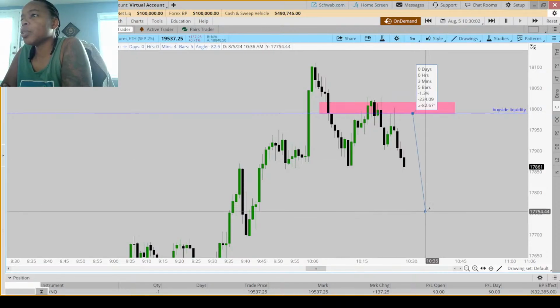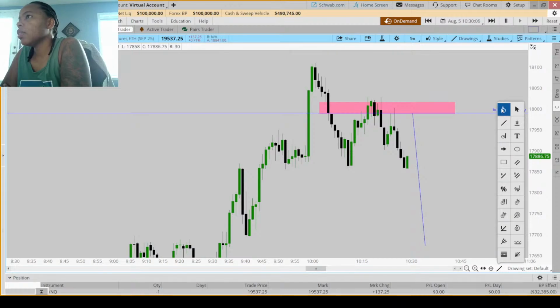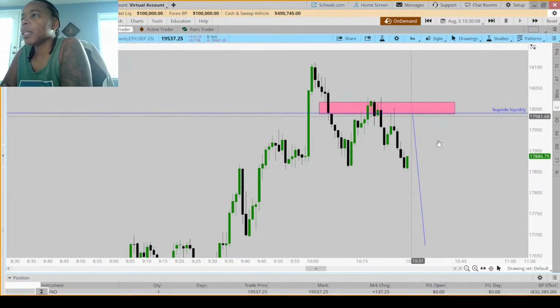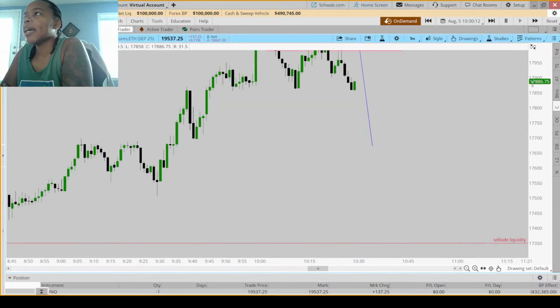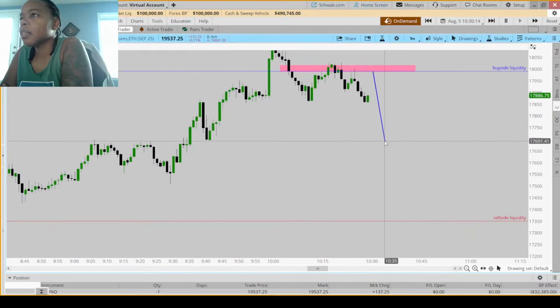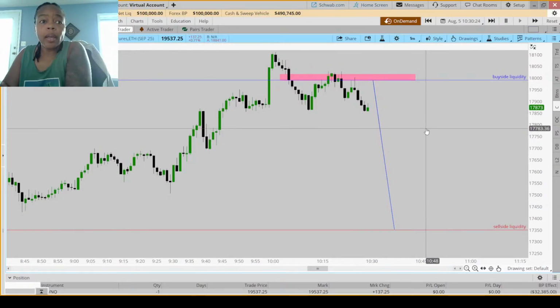So this would have been my entry. This is where I wanted my entry, which they came back up nicely. And since I can't set the order in here for testing purposes, we'll use these lines. And I'm aiming for this thing down here. That's what I wanted.